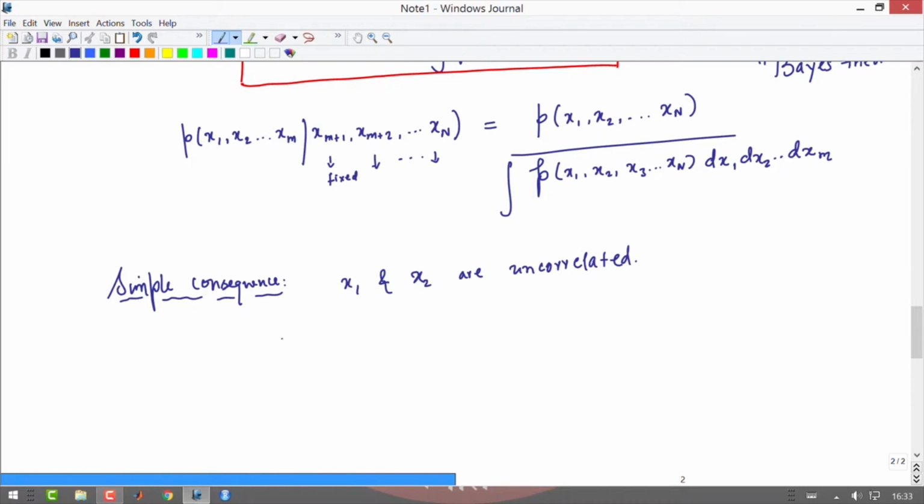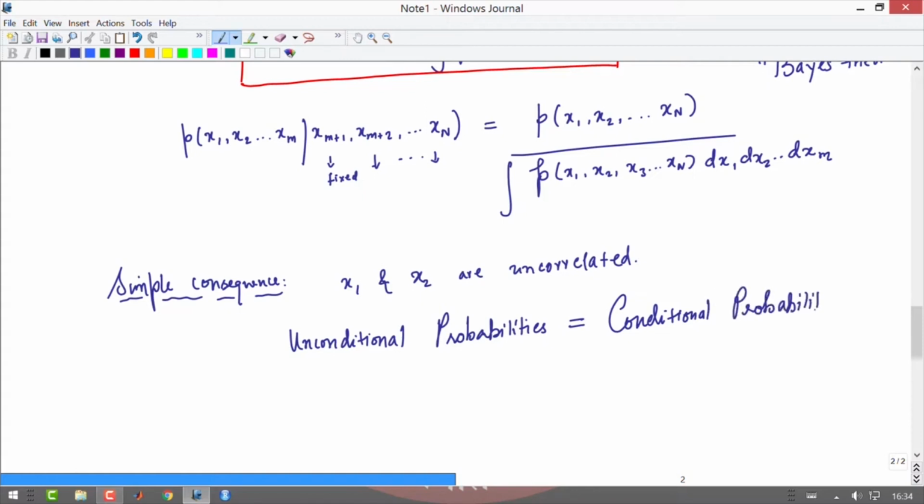So I will first state the theorem. This applies to n random variables. I am just proving it for two variables. Now this can be very easily proved by looking at the Bayes theorem.